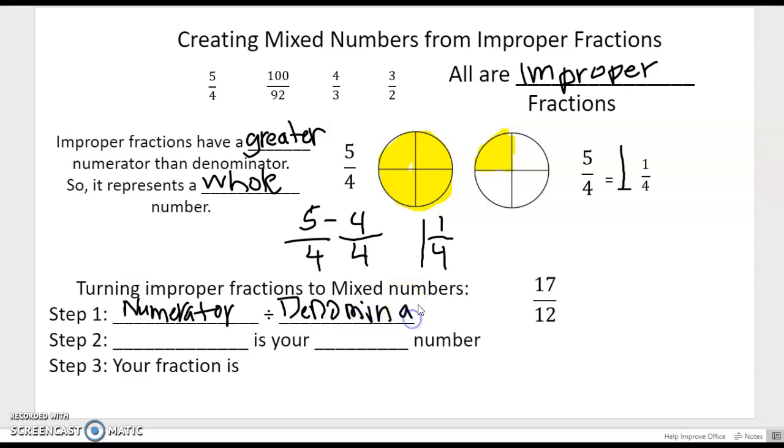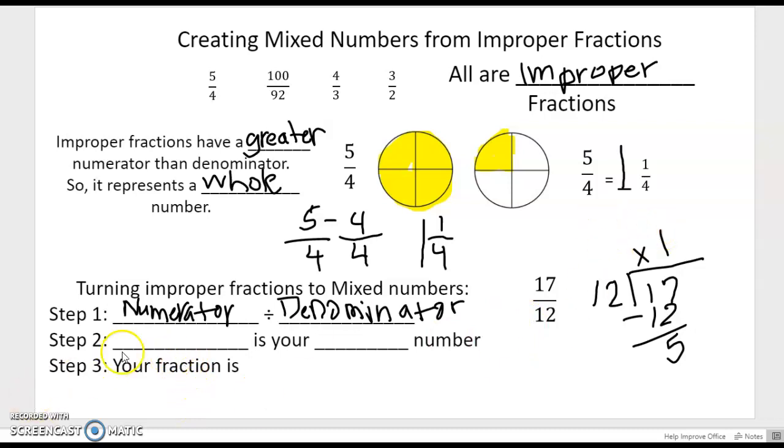And we could write that as how many times does 12 go into 17? So if we divided 12, 12 goes into 17 one time. I'm going to subtract 12. And I have 5 left over.